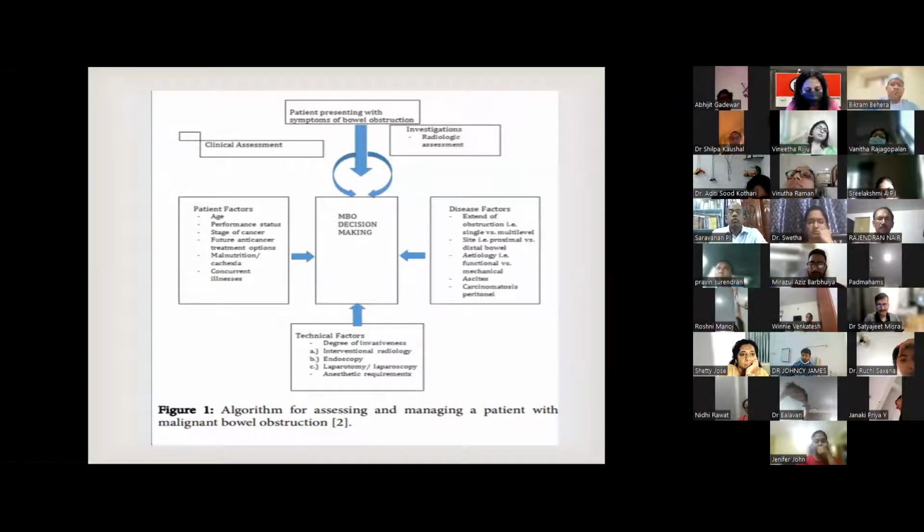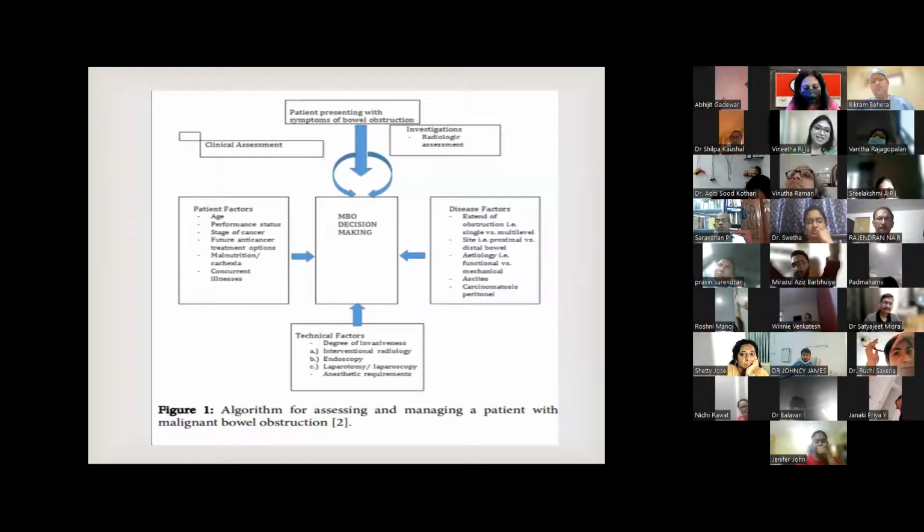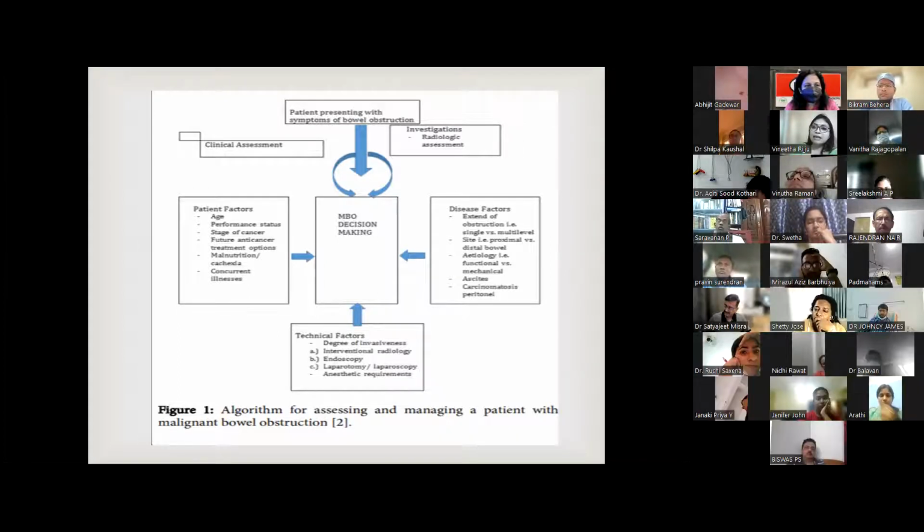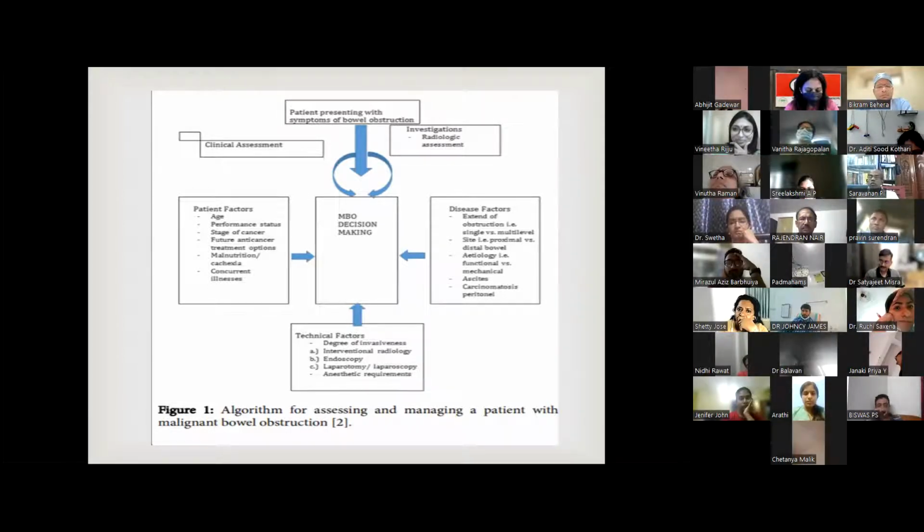Yes, Dr. Shilpa also added in dexamethasone, and Dr. Sharvanan also talks about stents. Thank you so much for adding in those points. And yes, dexamethasone is like the wonder drug for pretty much most of the symptoms that we manage in palliative care. And how does dexamethasone help in managing bowel obstruction?